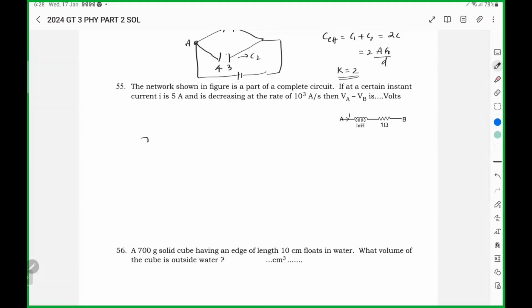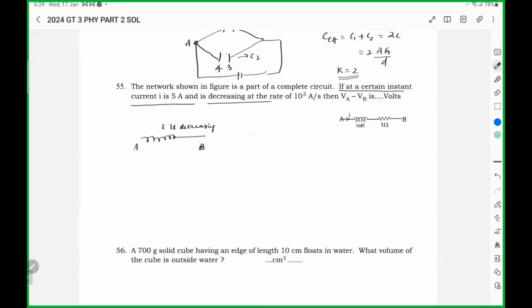Suppose at a certain instant the current is 5 amperes and decreasing. I is decreasing, so there is a change in the current, and an EMF is induced by Lenz's law.